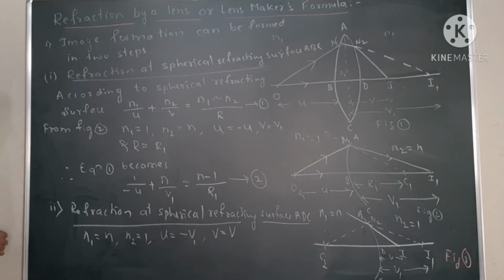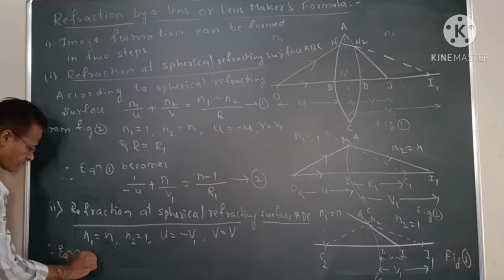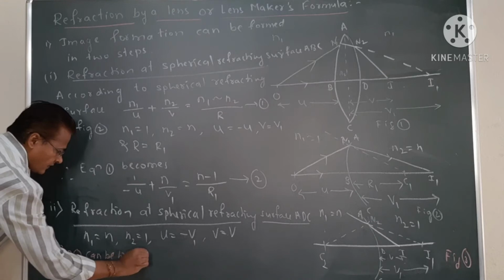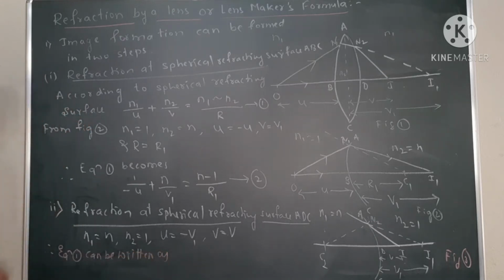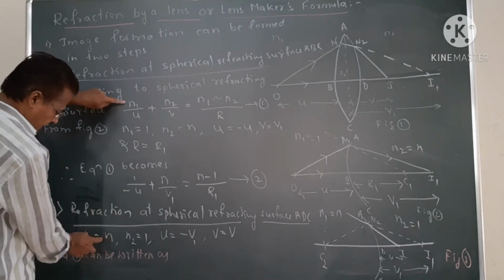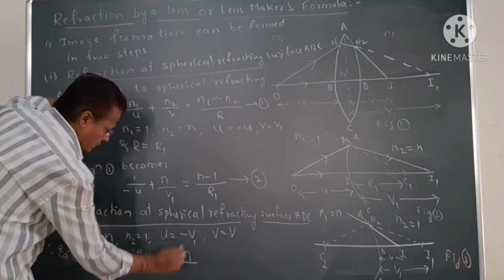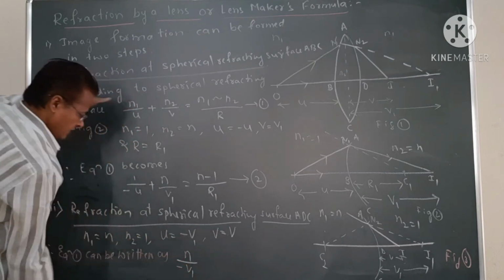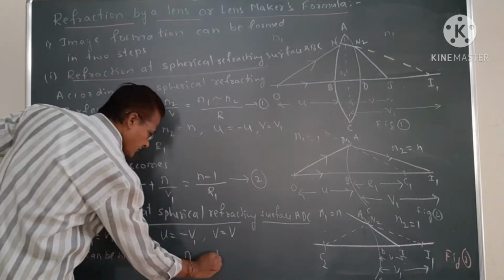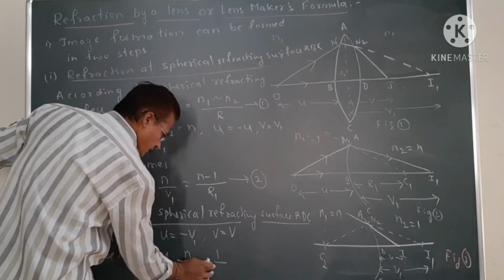So equation 1 can be written as, now see, we are substituting values here. n1 is n. This is a virtual object, that is u is the virtual object, that is minus v1, plus n2 is 1, and this is v, that is the real image v we are taking.